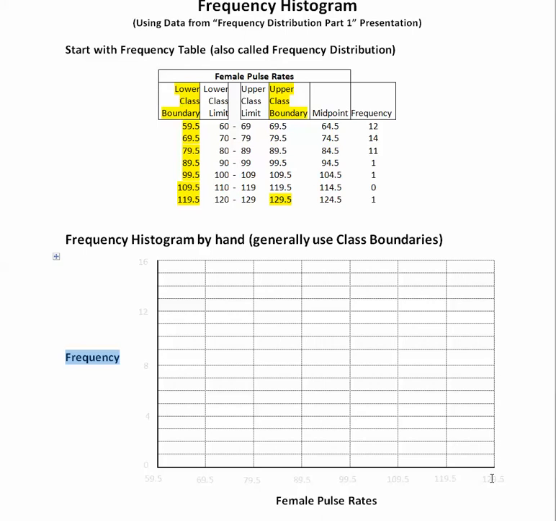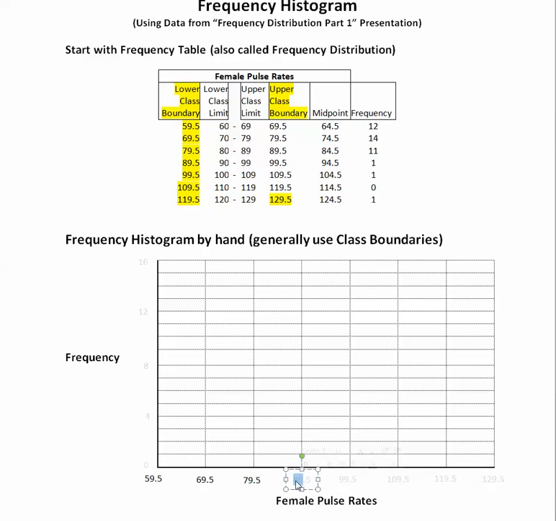So let's start with the x-axis. We're going to take this 59.5, which is our first class boundary, and it's going to go right here. So I'm just going to make this a little more readable. And there you see, our first class boundary is 59.5. Well, the next class boundary you can see is just going to be the 69.5. So we'll just do these one at a time. 69.5. The next class boundary is 79.5, so that's going to go here.